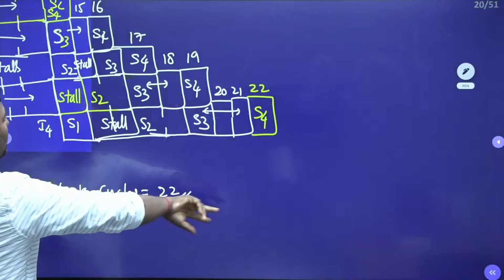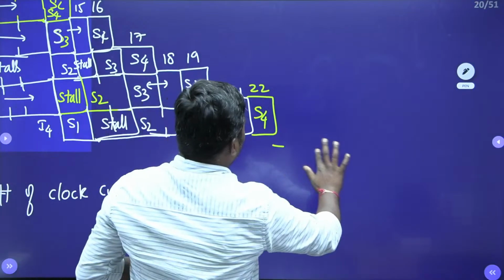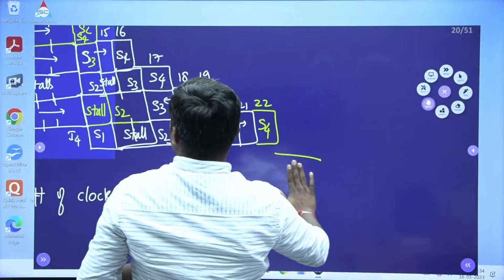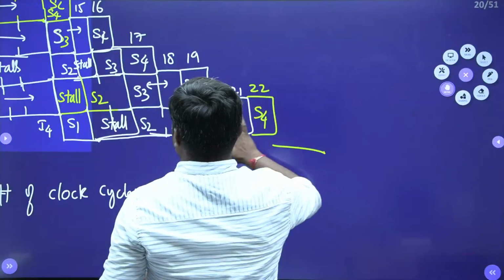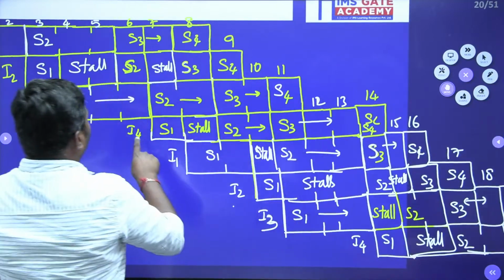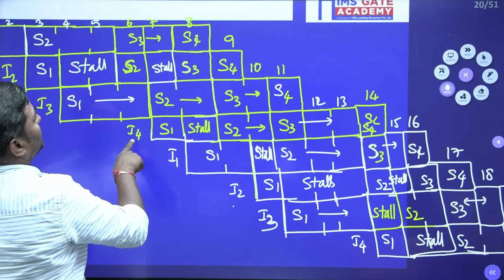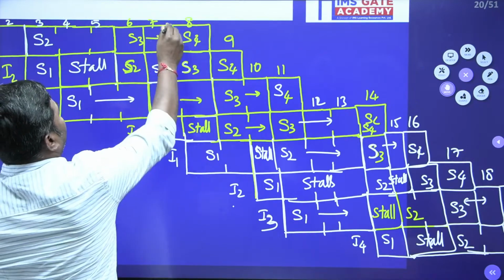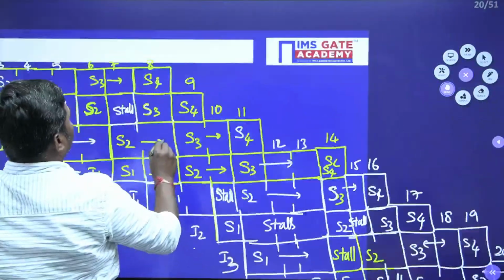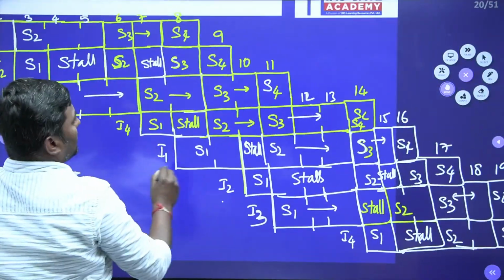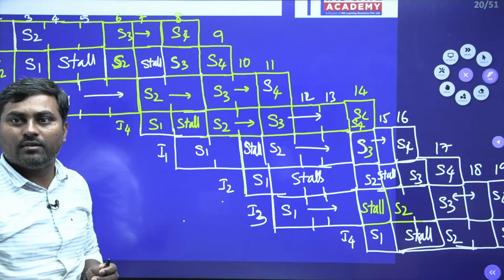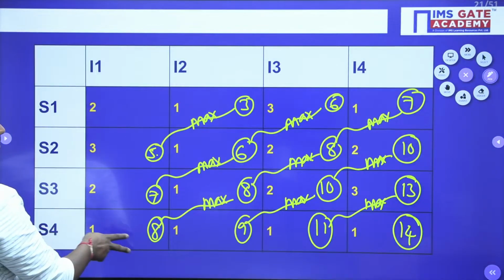You go and see here. The 4th instruction's stage 1 work is over at the end of the 7th clock, or not? So, that is the meaning, you understand now.